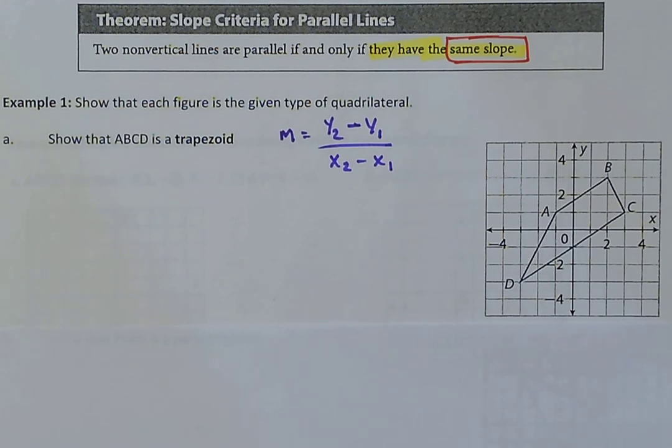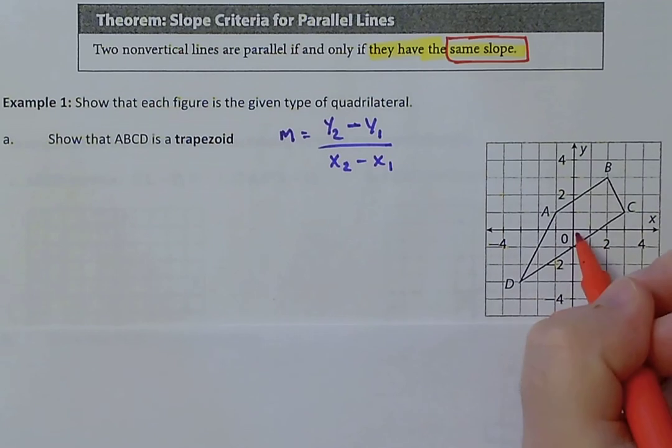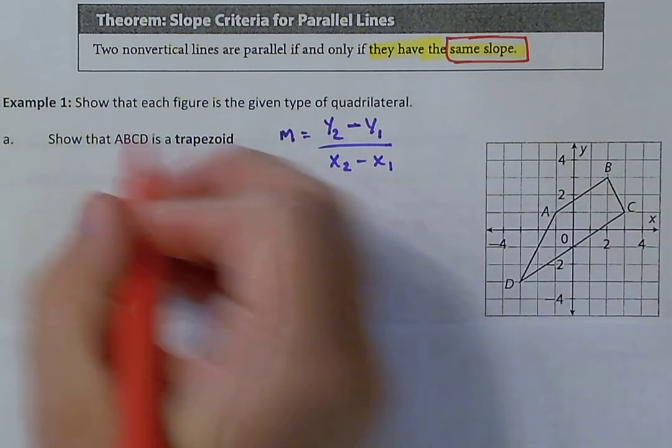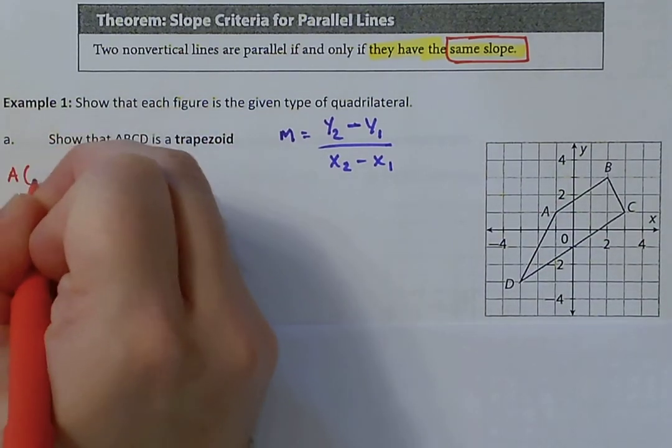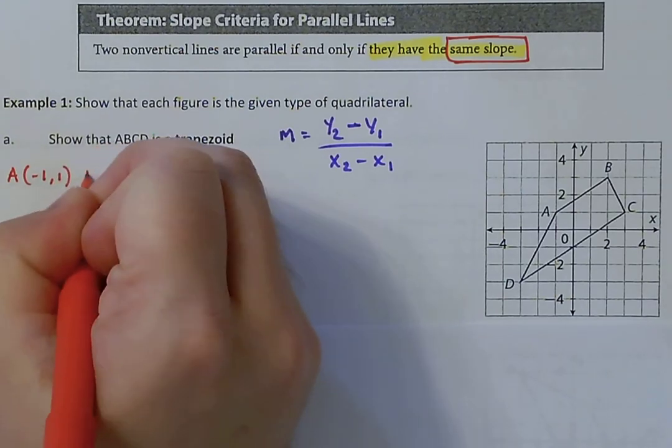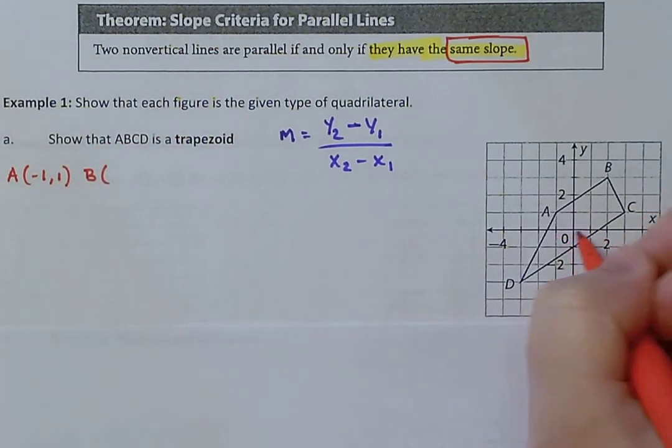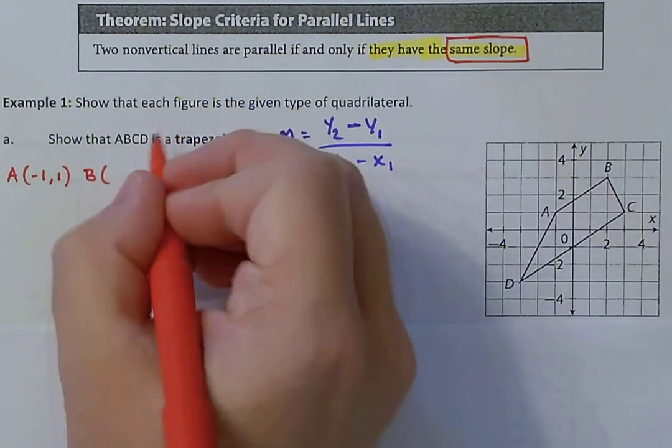Now, your first step in doing these is to go through and identify the coordinate values of A, B, C, and D. So for A, it's at negative 1, 1. Then B is going to be at 2, 3.